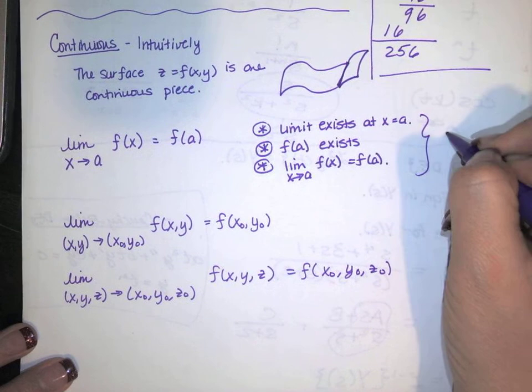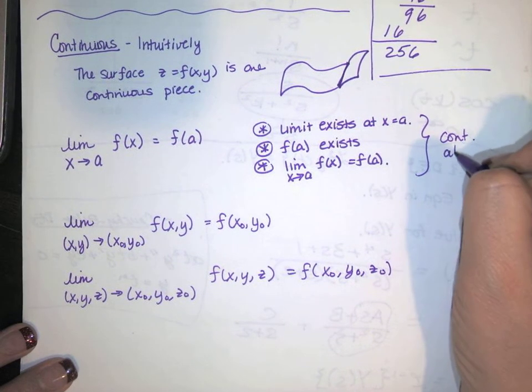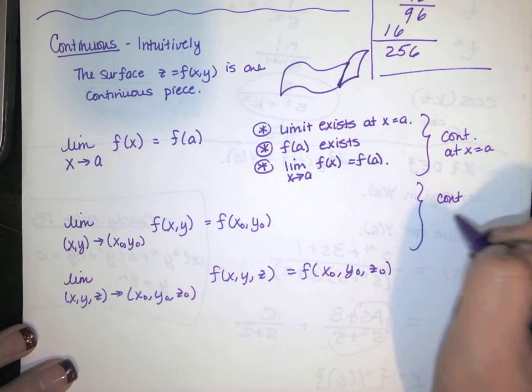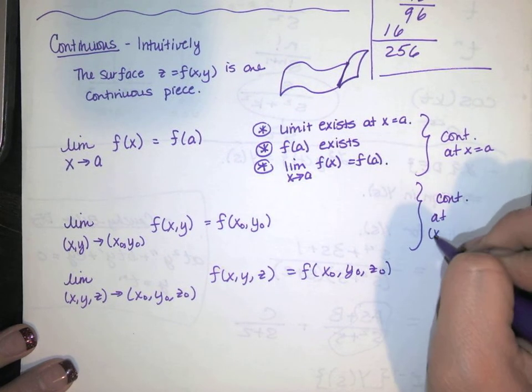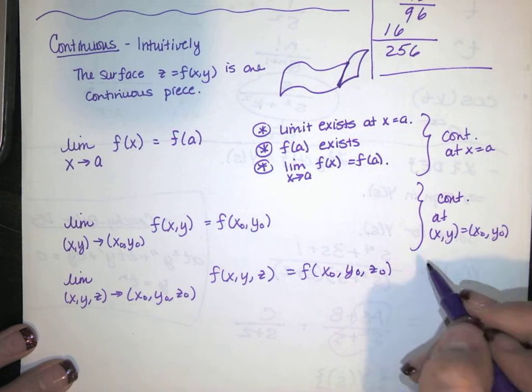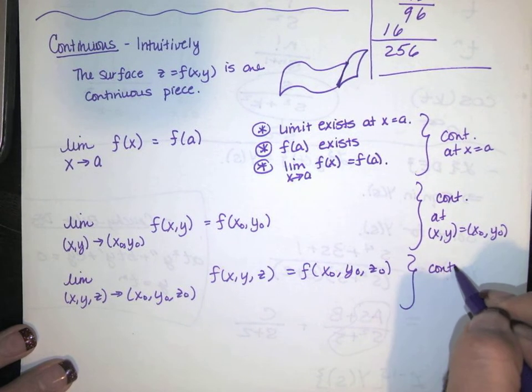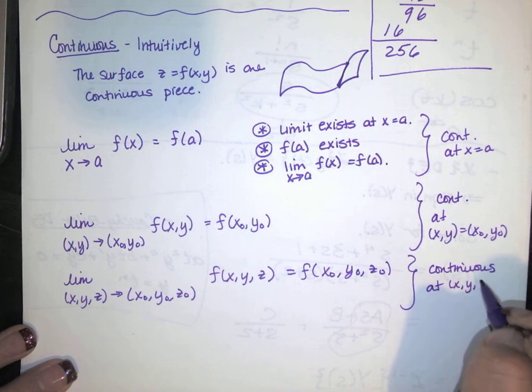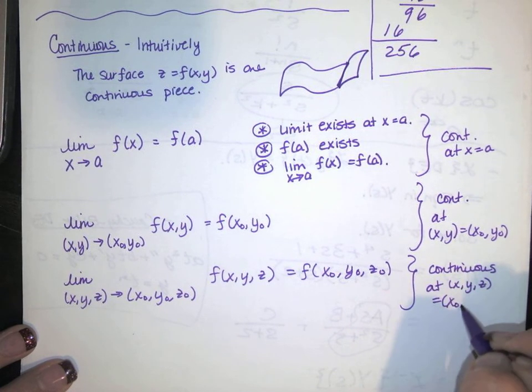So this one is continuous at x equals a. This one is continuous at (x, y) equals (x naught, y naught). This one is continuous at (x, y, z) equals (x naught, y naught, z naught).